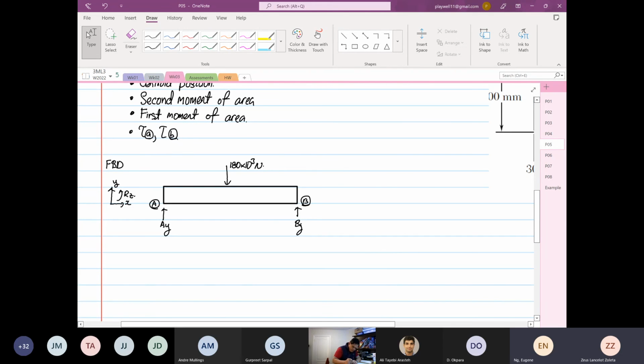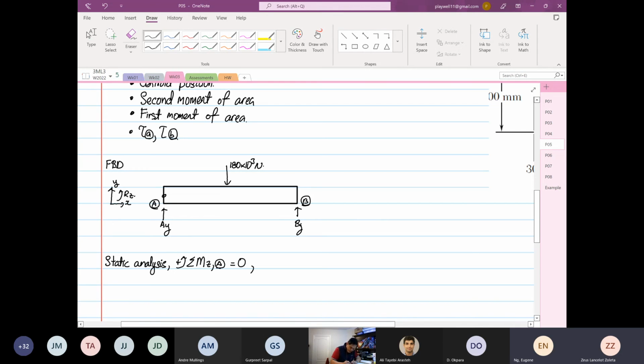Okay. So we are going to carry out static analysis. I'm going to take moment about my z-axis at point A. I'm going to take moment about point A. So I'm going to take moment about here. Everything is equal to 0.